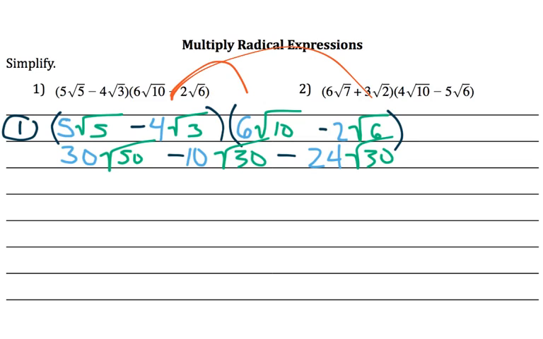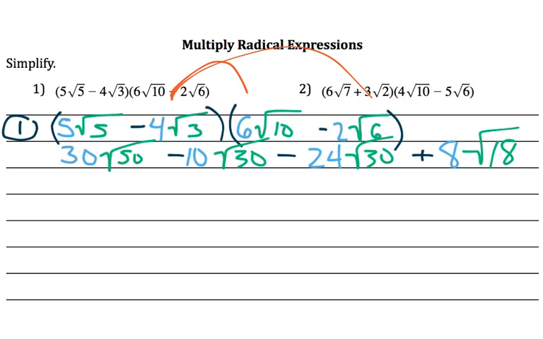And then moving on to my last, negative times a negative gives me a positive. 4 times 2 is 8, square root of 3 times 6, which is 18. And as you look at this, these types of problems really can become pretty wide, so organize your paper accordingly.